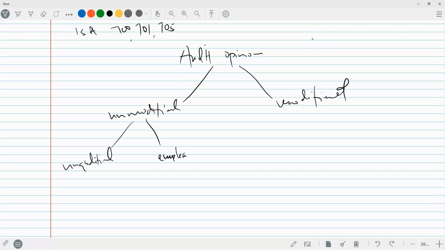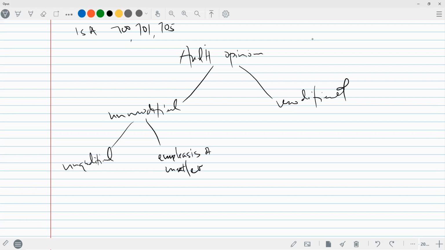But don't forget, having an emphasis of matter does not imply that the accounts have been qualified. The main purpose of having the emphasis of matter paragraph is to draw the attention of the users to some certain matter. One of them, for example, is the material uncertainty that does exist.